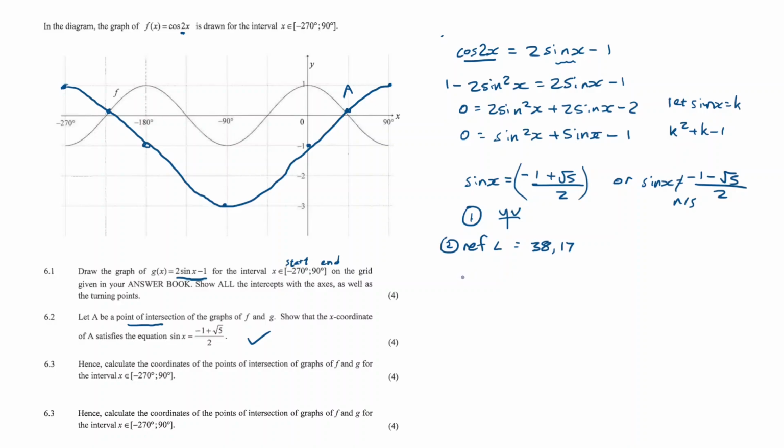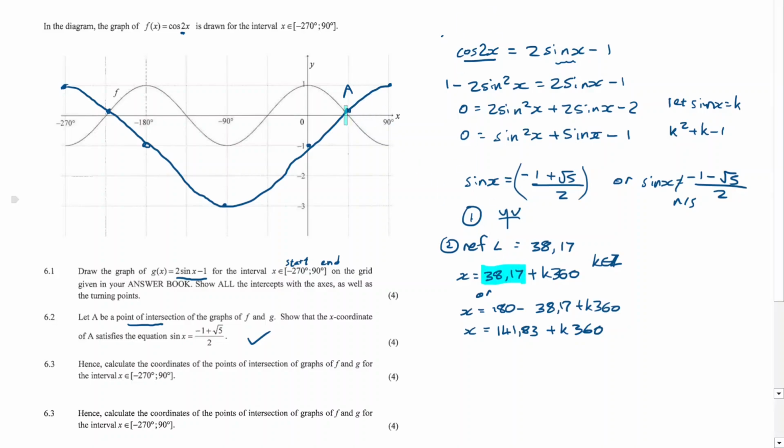And so to get into the first quadrant, I've got x equals 38.17 plus k360, and I'm always just going to, as a discipline, write k as an element of the integers. Or to get in the second quadrant, it's 180 minus 38.17 plus k360, and that gives me 141.83.